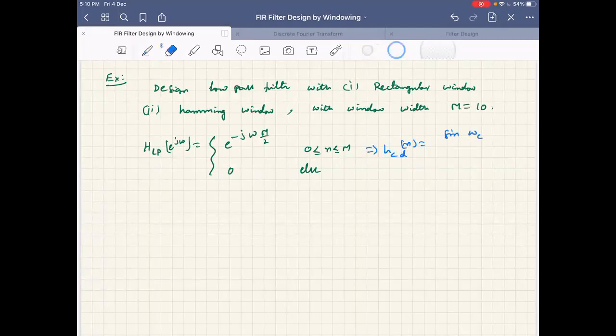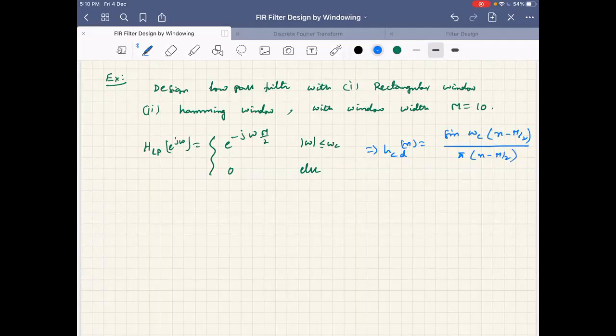Sorry, this is for the frequency domain. We are defining it for omega less than or equal to omega c, and 0 else. So here it is sine omega c into n minus M by 2, divided by pi times n minus M by 2.